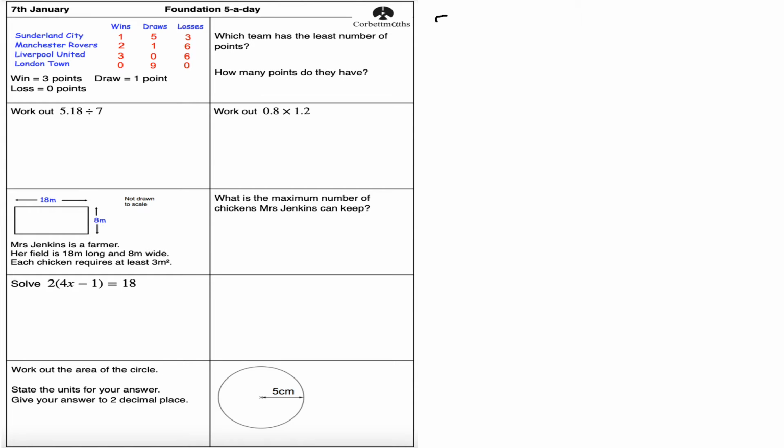So for Sunderland City, I'm going to abbreviate that to SC. It's got one win, so it's 1 times 3, because a win is 3 points, plus 5 times 1 plus 3 times 0.